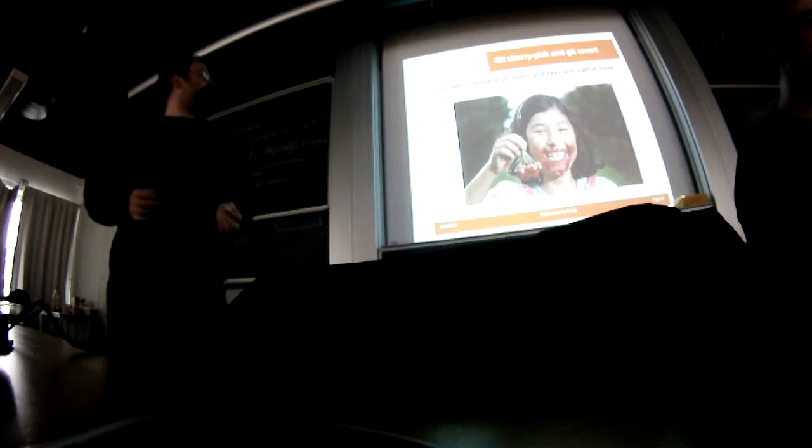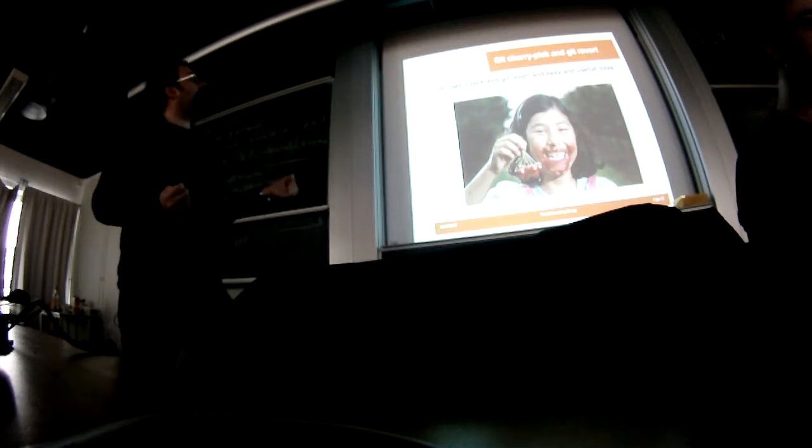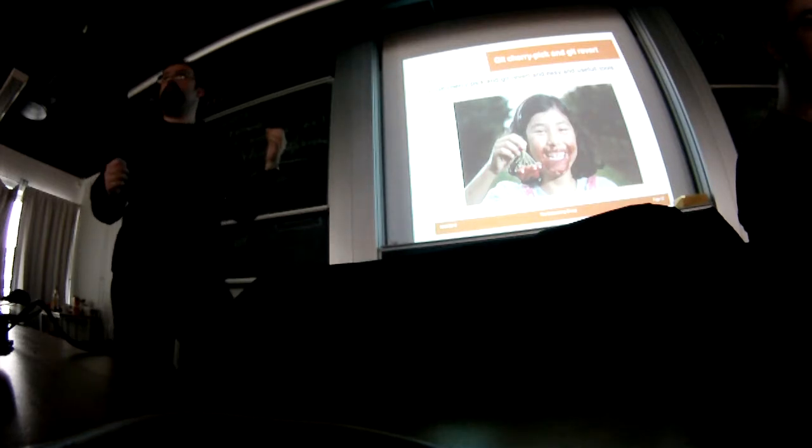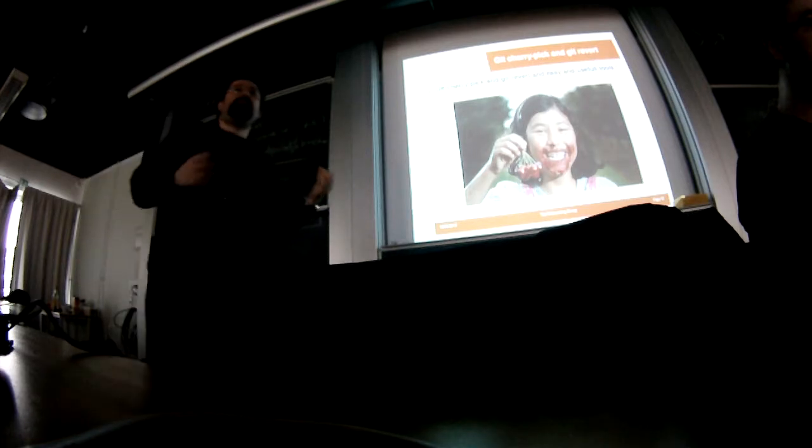Okay, cherry pick. Cherry pick is very useful, and also git revert. I use them daily. Let's go back to this example. Let's say I have a situation like this one, master and dev. Dev has many commits.